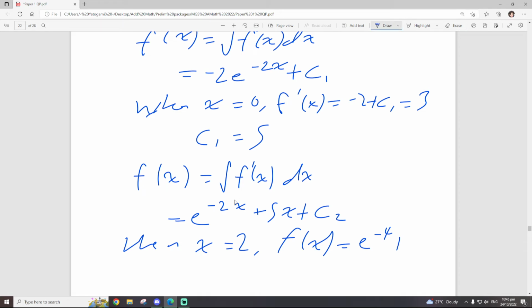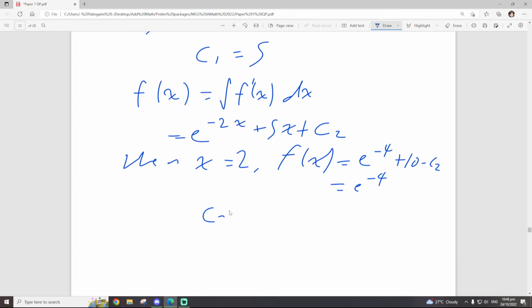I add the thing first, 10 minus c2 equals e negative 4. So of course, one has to set c2 to be equals to 10. So therefore, f of x, plus rather. Okay, and yeah, that's settled. f of x is e to the power of negative 2x plus 5x minus 10.